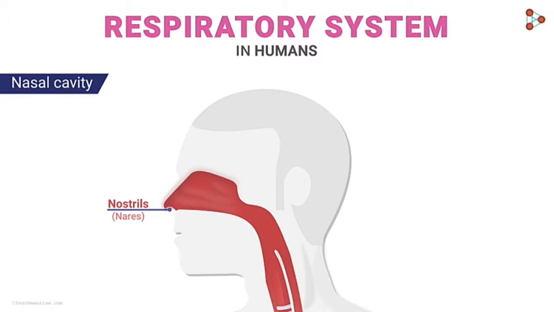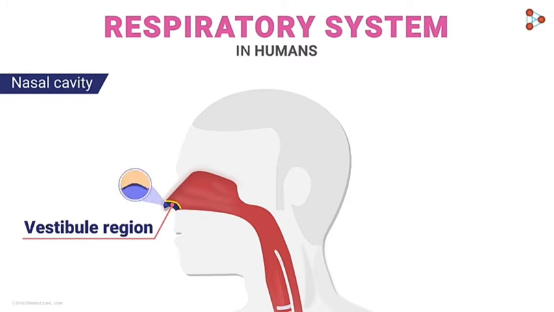Just as the nasal chamber within commences, we have the first region called the vestibule. This region bears tiny hair-like structures which serve different purposes. Any guesses what functions the vestibule region will have? The region has a lining of mucus that helps trap any foreign particle which enters through the inhaled air.